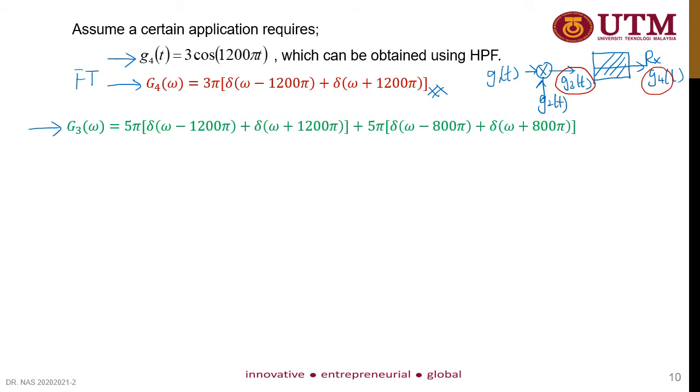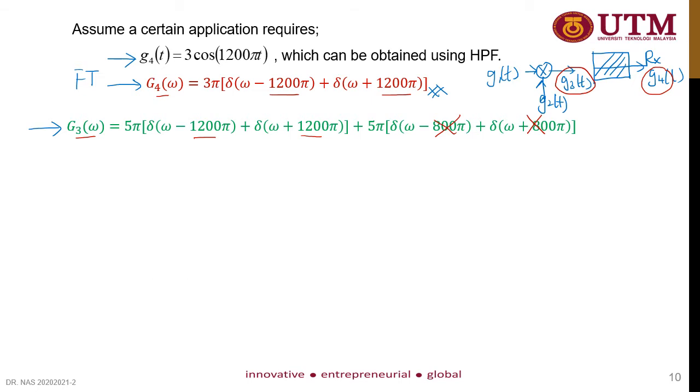Okay, if you compare g4 and g3, g4 only requires the components at negative and positive 1200 pi, meaning that the system doesn't require the lower frequency component. So in this case, you need to use a high pass filter in order to select the higher frequency component, in this case 1200 pi, both positive and negative frequencies, and remove the lower frequency component.